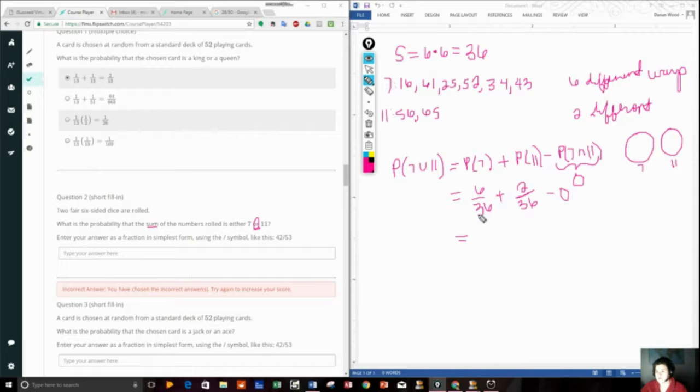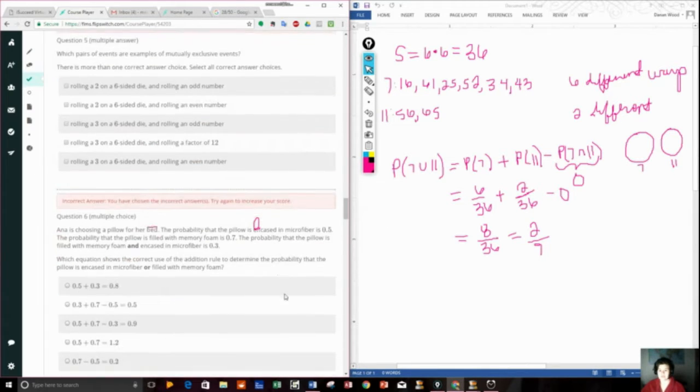Okay, we have 2 fractions that have the same denominator and they're adding, so that's 8 out of 36 because we added the numerators. Minus 0 doesn't change its value, and 8 out of 36 can reduce down. 4 goes into 8 twice. 4 goes into 36 9 times, so we have 2 ninths. Let's check our answers.